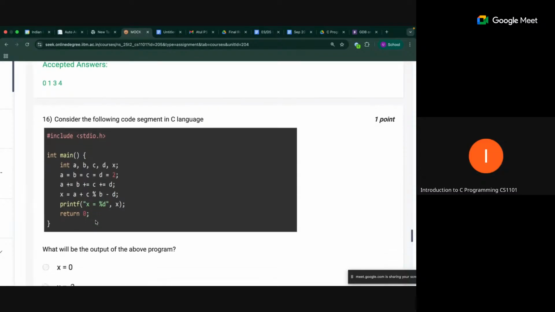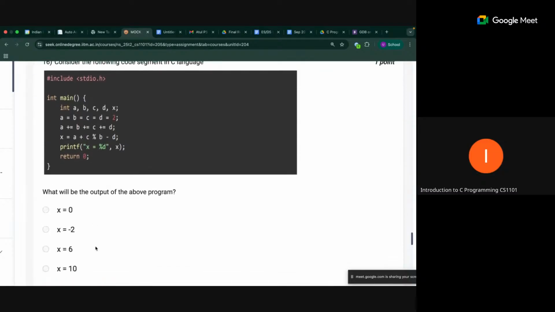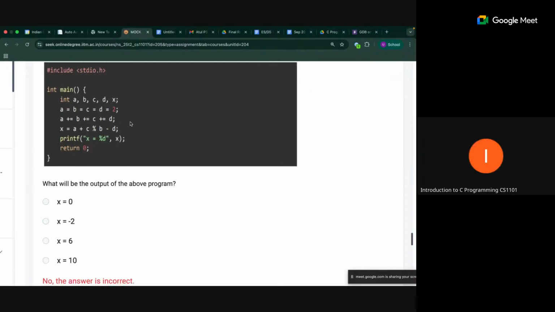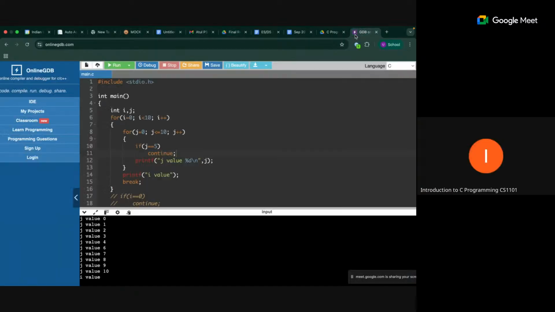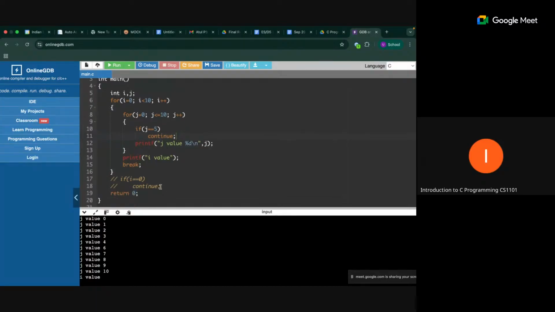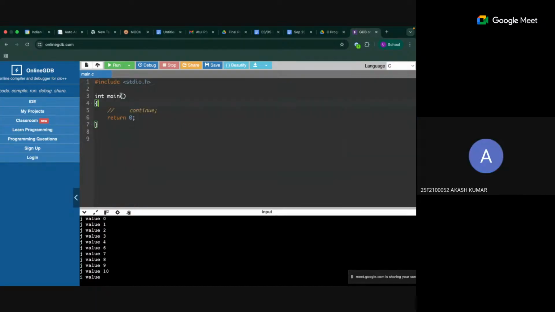And here is the next question, people. What will be the output of this code? It's 10. Yes, 10. How is it 10? Let's say they have declared a, b, c, d and x values, and they have initialized a, b, c and d with the value 2.